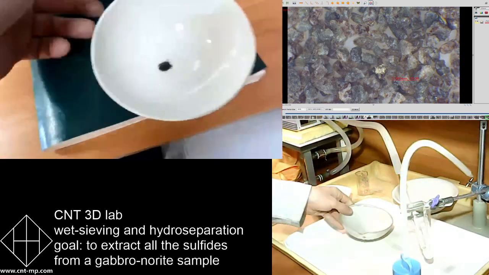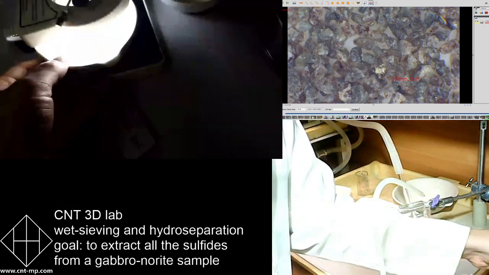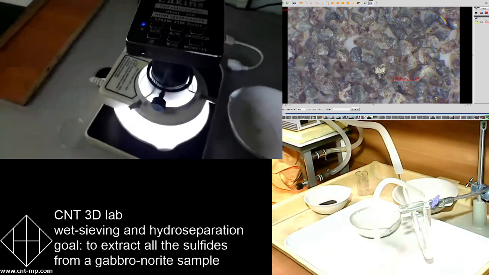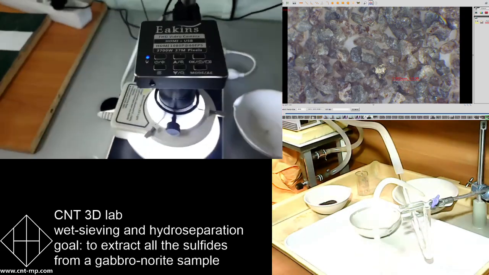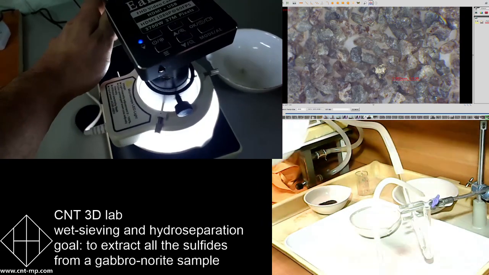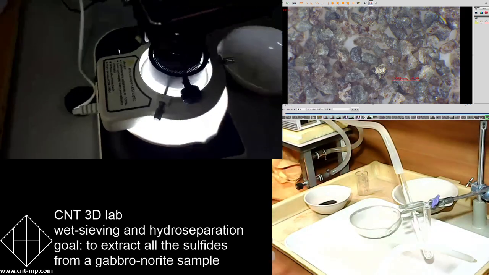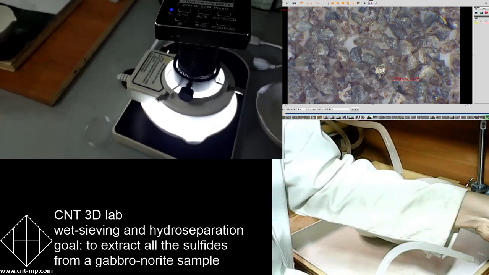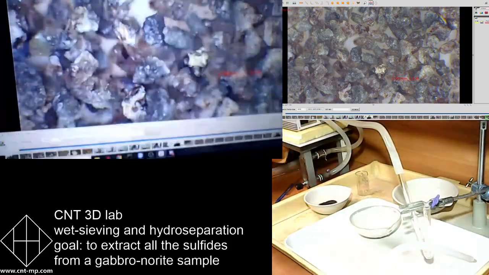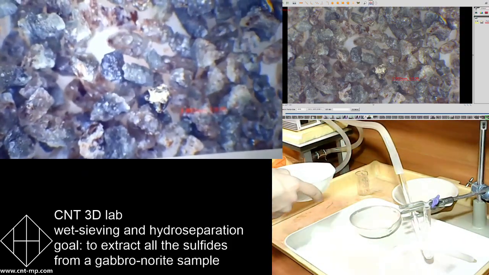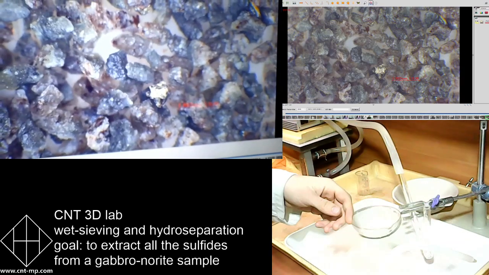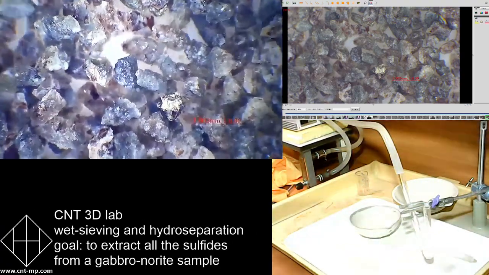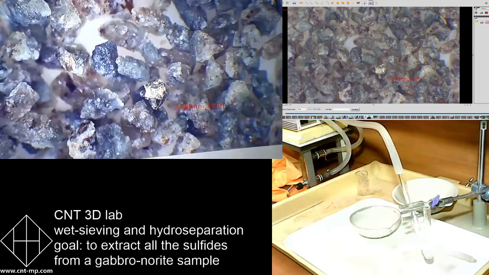Or there is a delay, I don't know. Can you clean it a little bit so we can see that it's a separate sulfide? So Oleg will now take a needle and show you guys the sulfide grain.